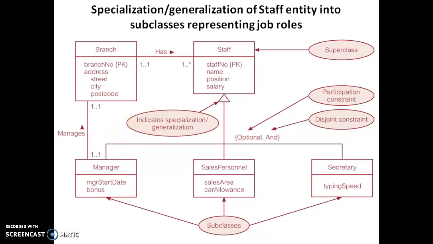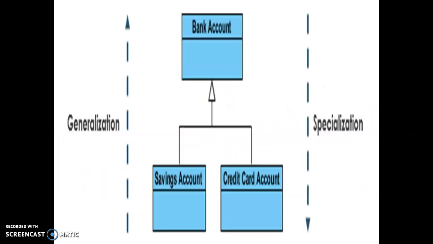In this figure, the specialization generalization has optional participation. It means that a member of staff need not be only a manager, sales personnel, or secretary, because other than these there are many job roles. This is optional participation.